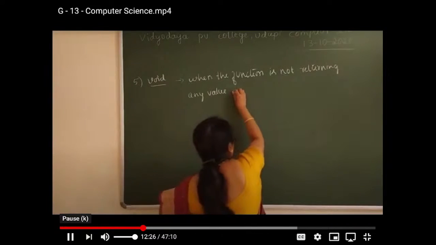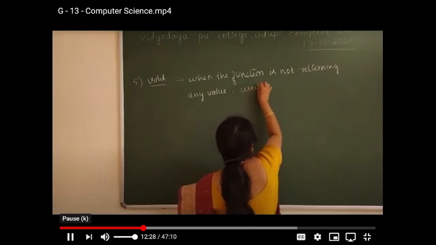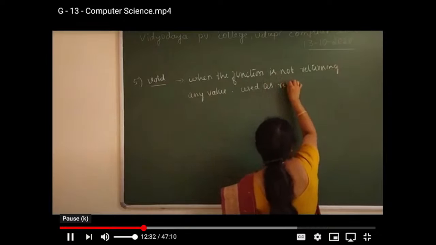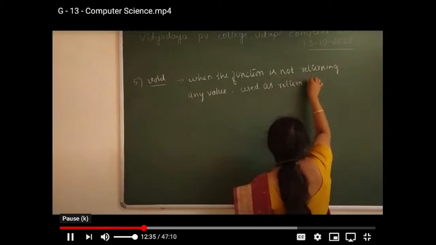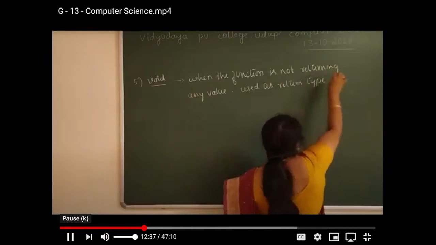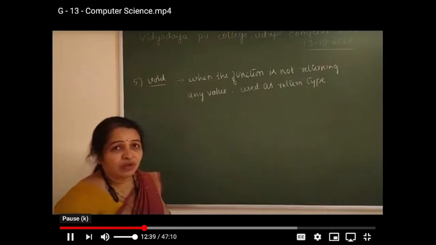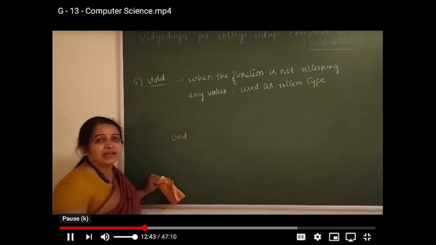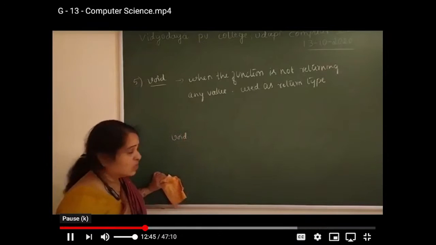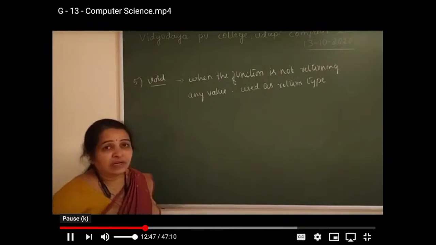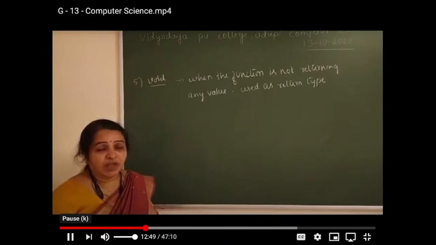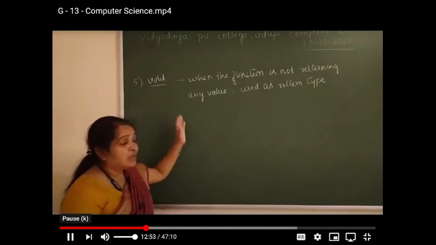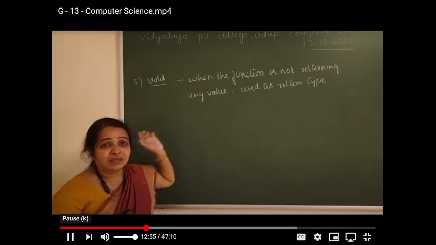So void is used as a return type. We call it a return type. That is, we have to write void. After the void, we can write anything. Clear? So this is the void data type. When the function is not returning anything back, in that case, we have to represent it as void.